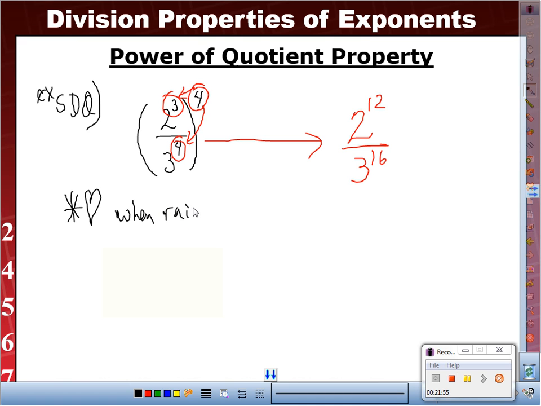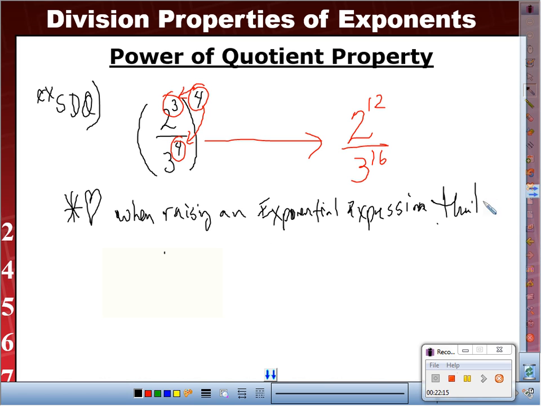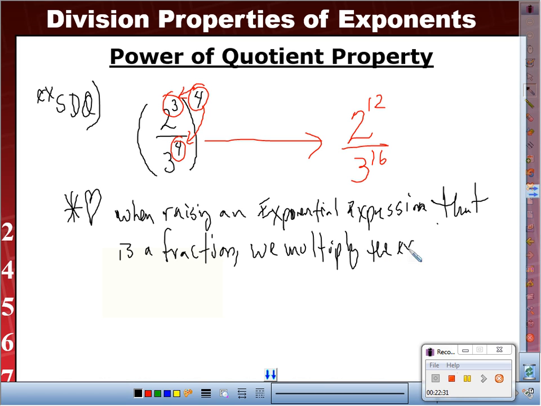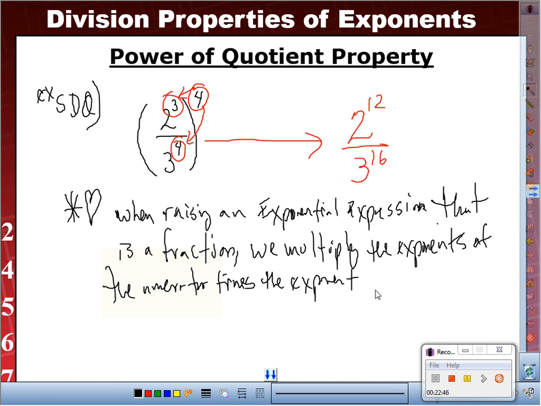When raising an exponential expression that is a fraction, comma, we multiply the exponents of the numerator times the exponent outside the parenthesis.